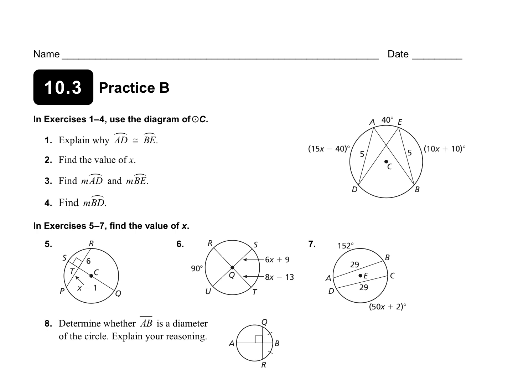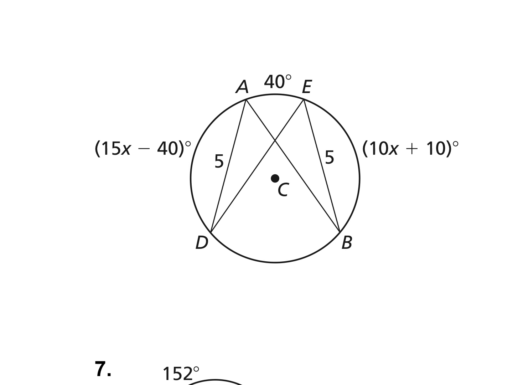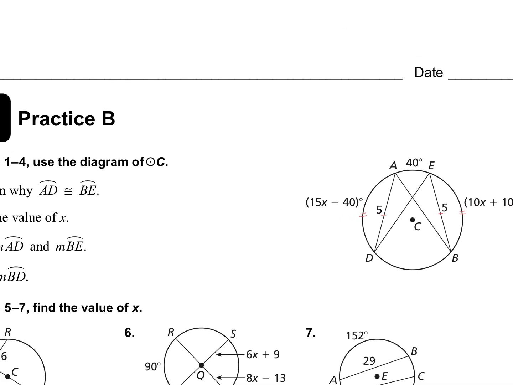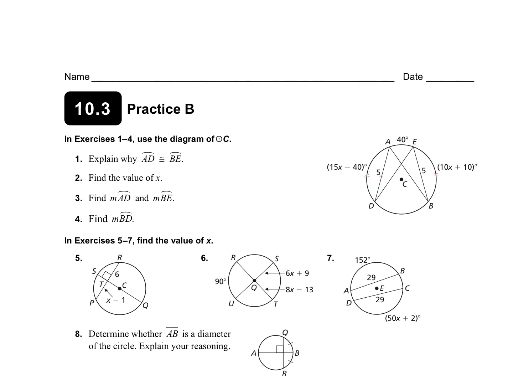Looking at number 1, it says explain why arc AD is congruent to BE. Going back to some theorems we learned, if my chords are congruent, then the corresponding arcs are also congruent. So they want me to explain it. Explain why they're congruent. I would write my chords are congruent.